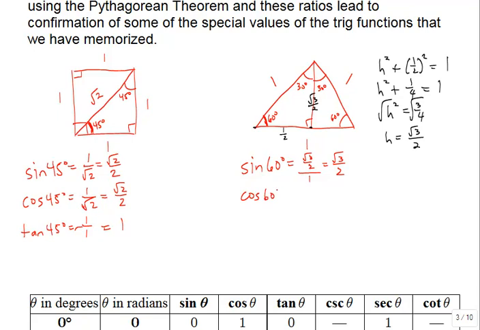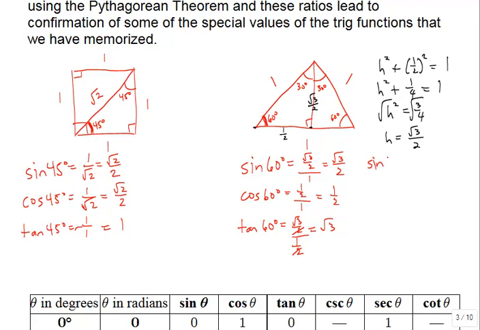Cosine of 60 degrees would be the adjacent side, which is this 1/2, divided by the hypotenuse, which is 1. So that's equal to 1/2 still. And tangent of 60 degrees would be the opposite side, which is root 3 over 2, divided by the adjacent side, which is 1/2, and these 2's are going to cancel each other out, so we just get a root 3.